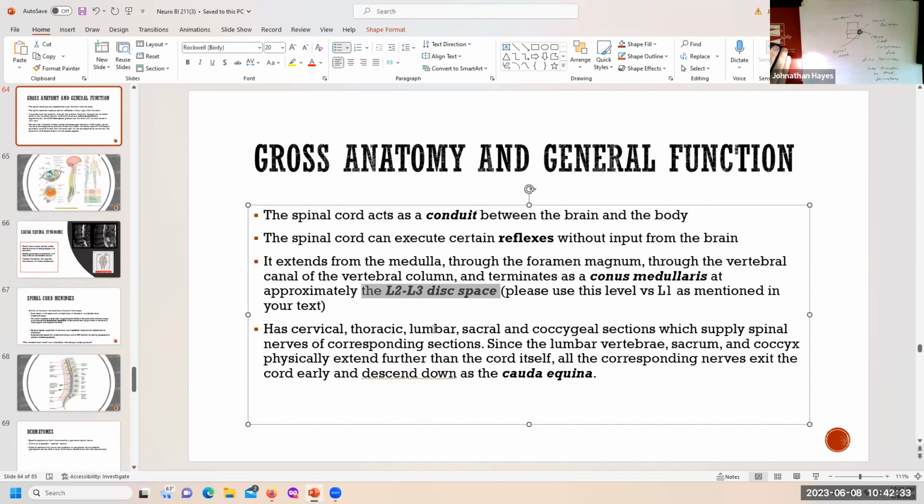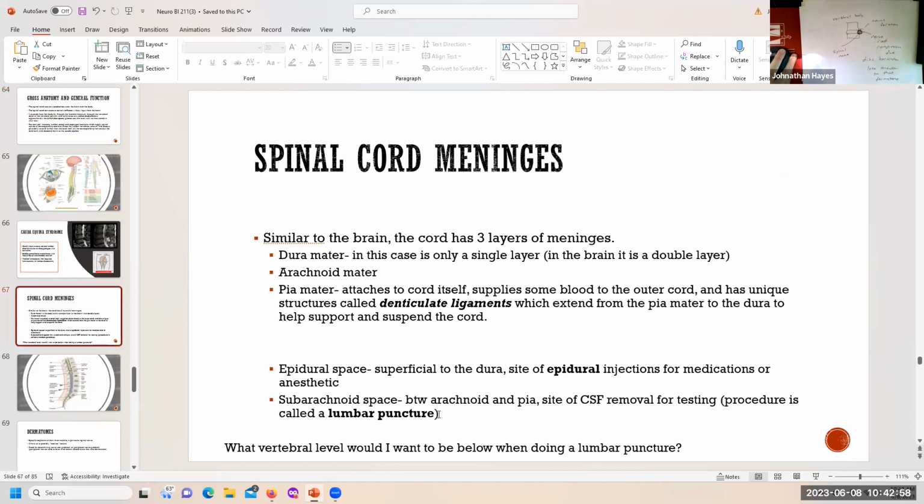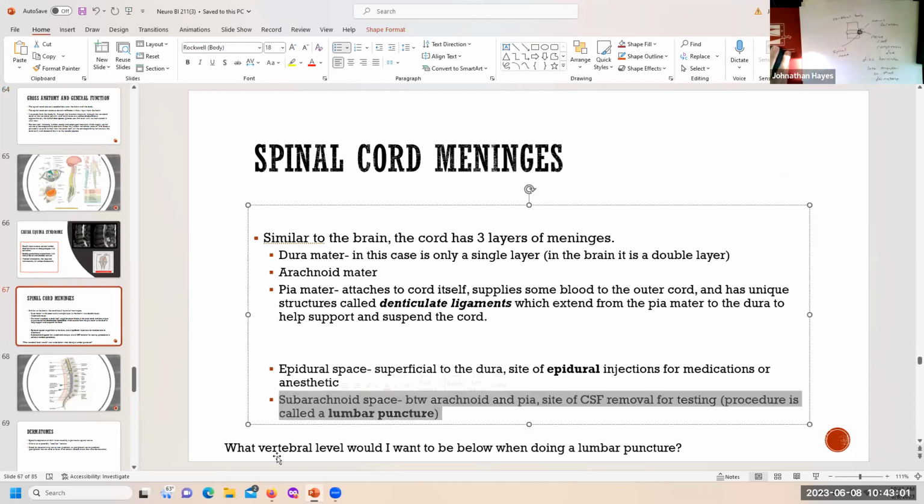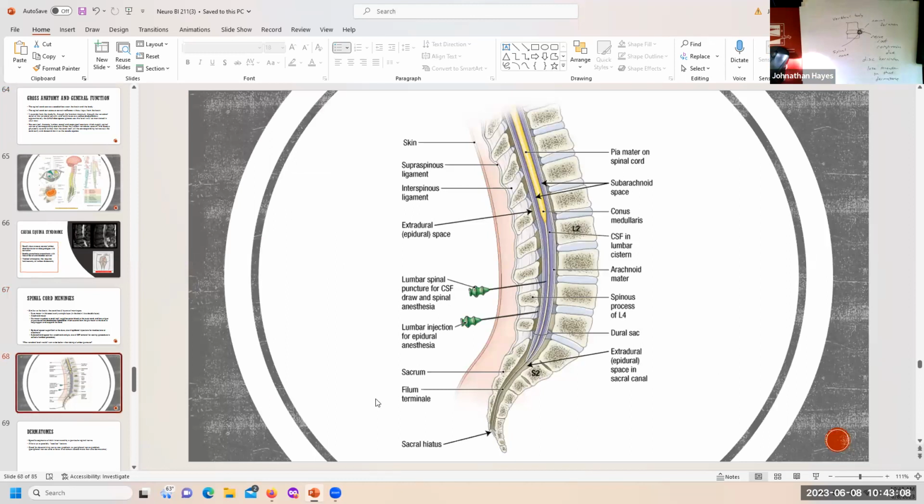So if I want to do some type of CSF test, like a lumbar puncture, or if you want to add some type of anesthetic, like with an epidural, it's good to know where this is, because there are going to be emptier spaces, larger cavities, below the L2, L3 disc space. When you're seeing things like lumbar punctures or epidurals, it's good to know where these anatomical locations are, because you would want to be below that area.